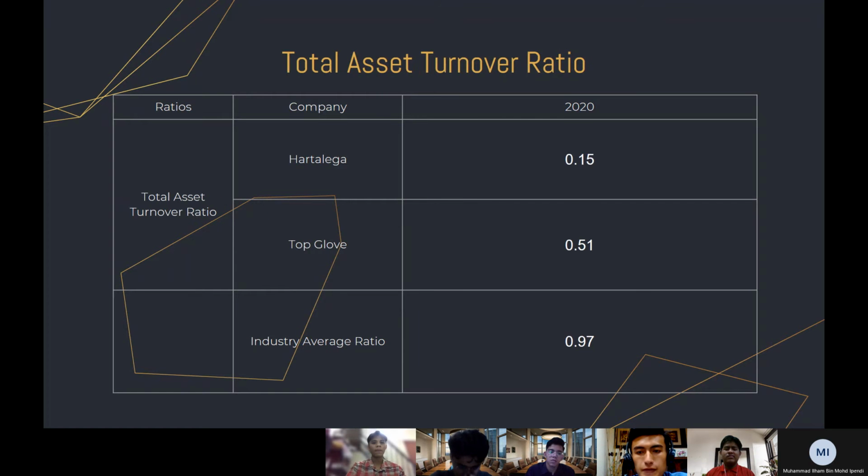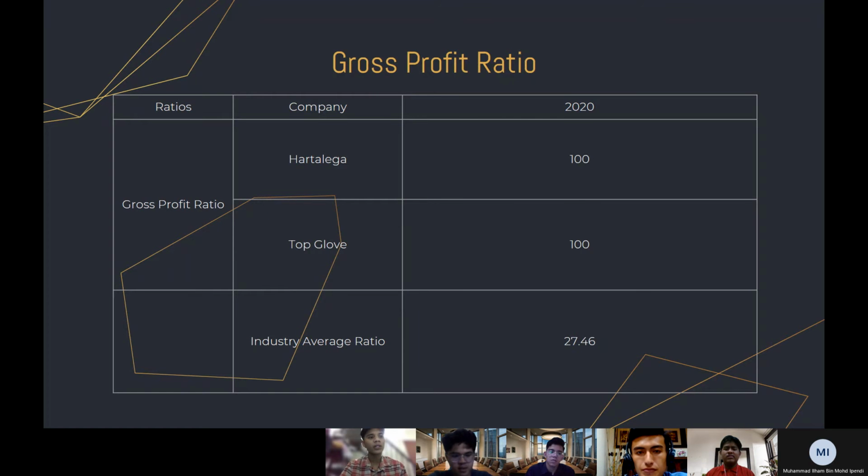For both companies, Hartalega and Top Glove, in year 2020 have the same gross profit ratio, which is 100, while the industry average gross profit ratio is 27.46. By this, we can say that both companies have the same efficiency and effectiveness of operation in their firm.